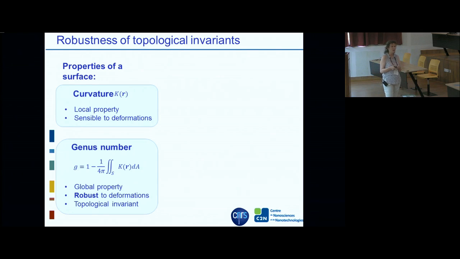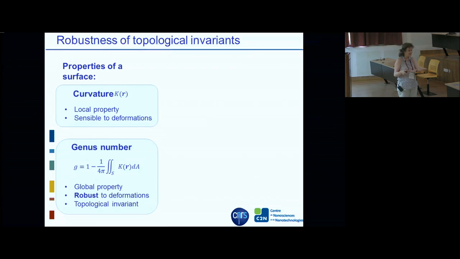So this is really a local property, and it is very sensitive to deformation. And then there are more general properties, for example the genus number, which is the integral over the surface of this curvature. This property is really a global property of the surface and does not change if you perturb or deform your surface. So this is a topological invariant.